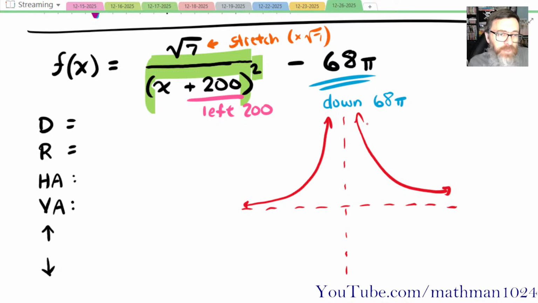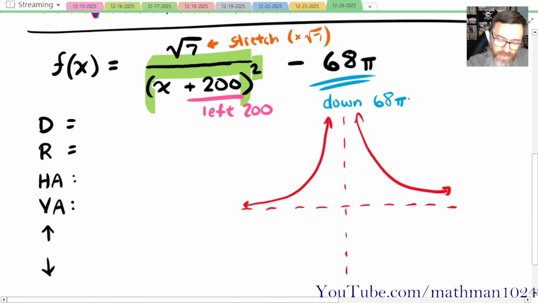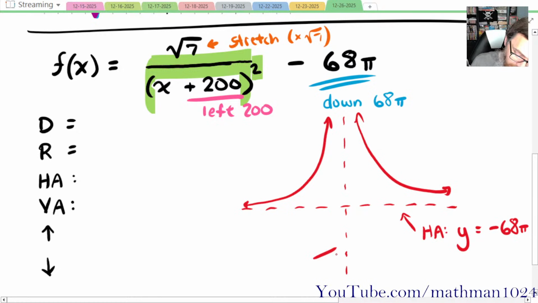Now, to find my domain and range, it's good for me to find my asymptotes. So, saying that I go down 68 pi tells me something about my horizontal asymptote. It was y equals 0, but I took that and I went down, so minus 68 pi. That is your horizontal asymptote. Your vertical asymptote, it was x equals 0, but what did I do with my graph?